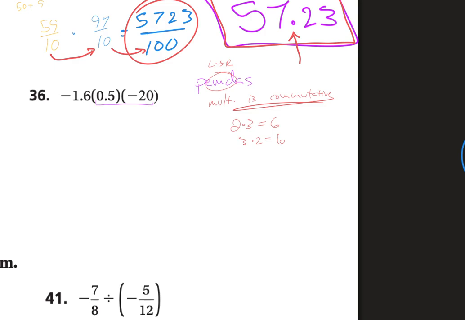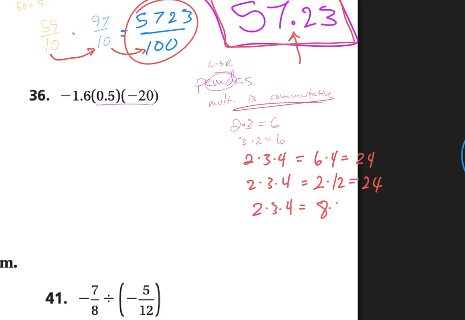And if you're like, well, that doesn't help us on what we're doing, 2 times 3 times 4, that is 6 times 4, which is 24. But what about 2 times 3 times 4, where you do 2 times 12 first? That's 24. What about 2 times 3 times 4, where you do 2 times 4 first, which is 8 times 3? That's 24. Notice that it didn't matter.